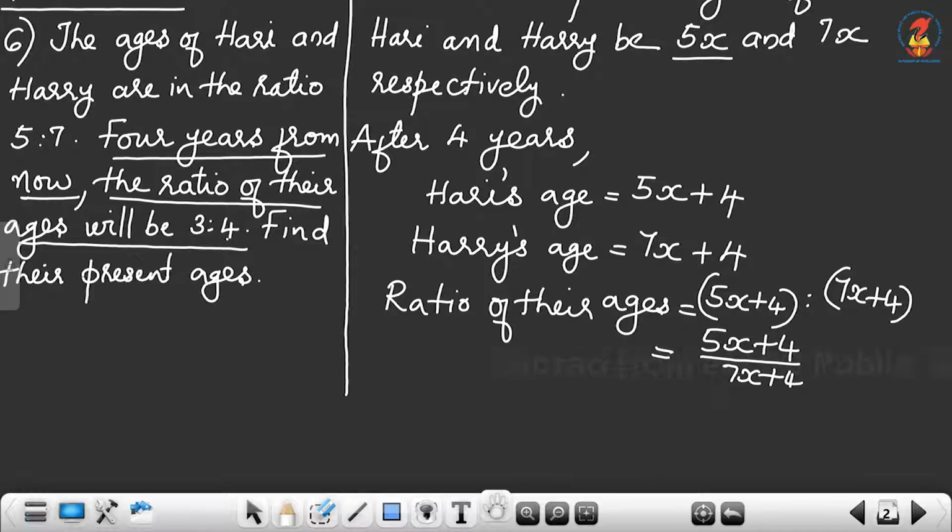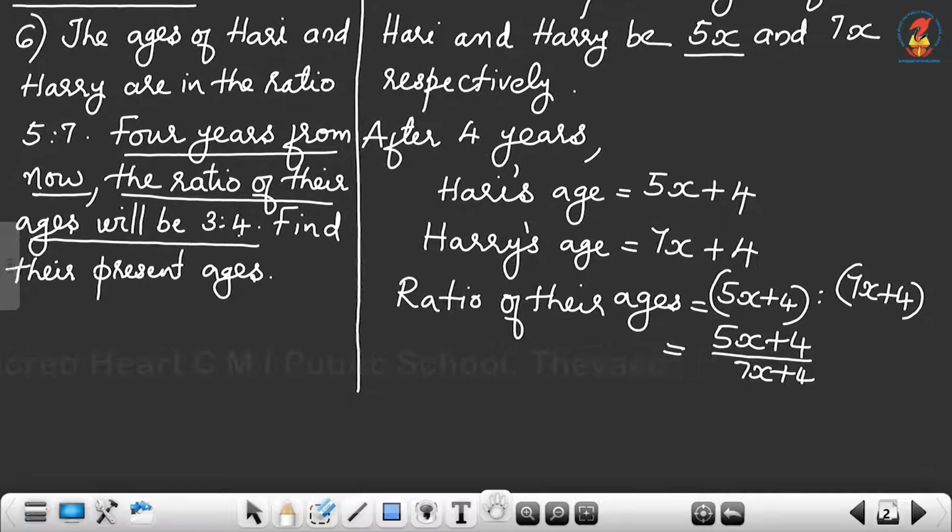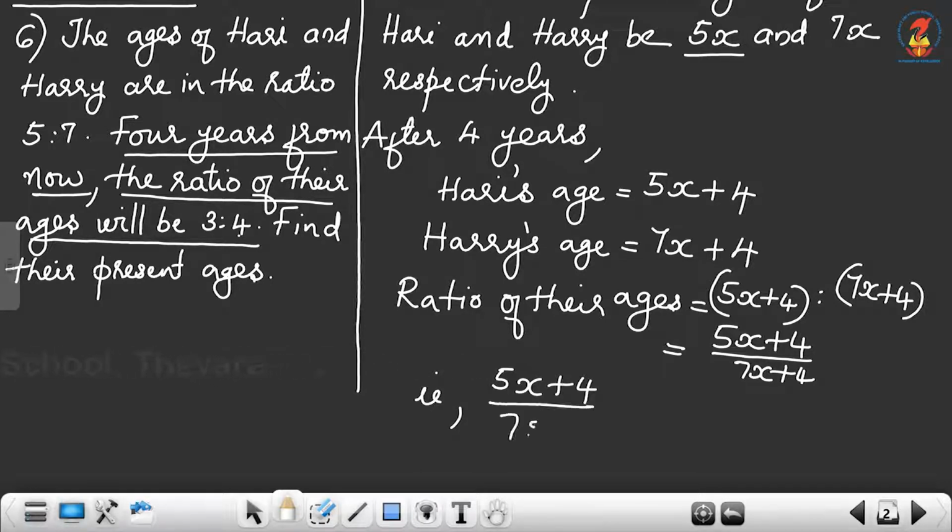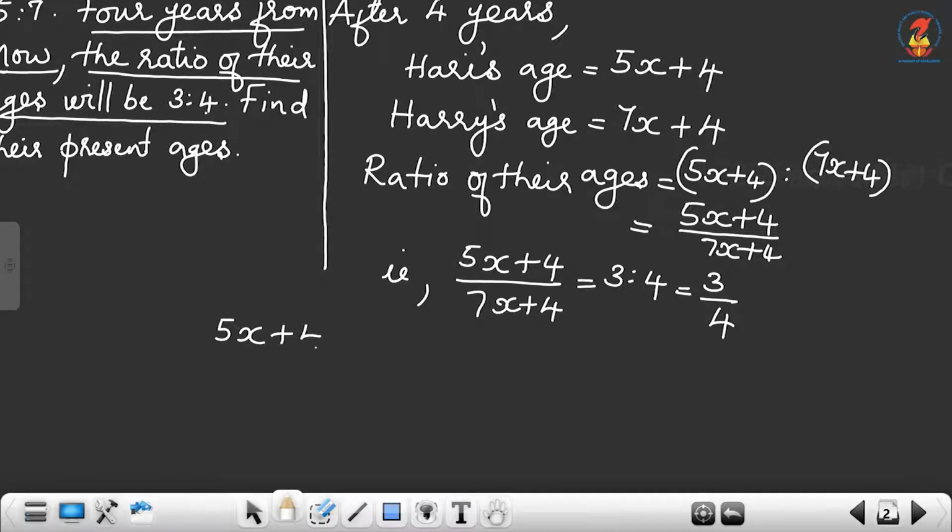Now that is given as 3:4, and this 3:4 we can write as 3 by 4. That is, 5x plus 4 by 7x plus 4 is equal to 3 by 4.